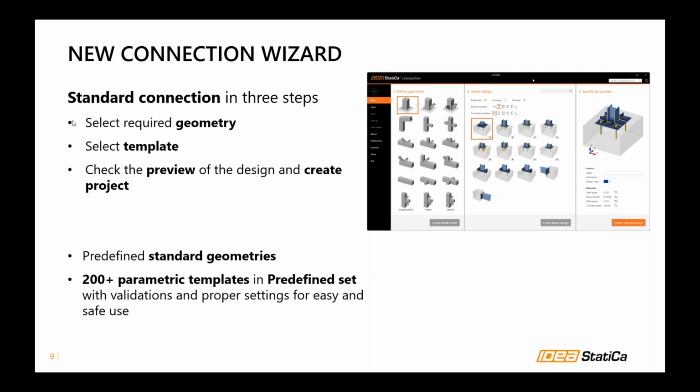Here you can start your project by selecting the required geometry, then you can select the template, and then you can check the preview in 3D before you click create selected design. Here we have also added some predefined standard geometries and also new parametric templates which are shown directly in this new connection wizard.